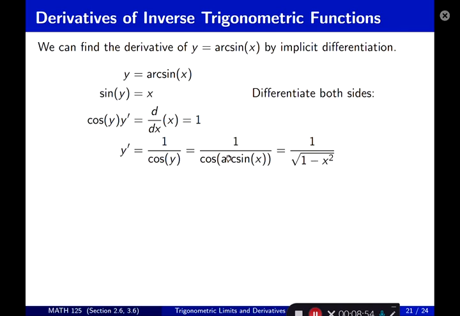Why did I need to do this part? Because I didn't want y in here, so I had to convert cosine of y to cosine of arcsine of x. Because the function is not really trigonometric anymore, because these two kind of cancel each other out in the trigonometric sense.